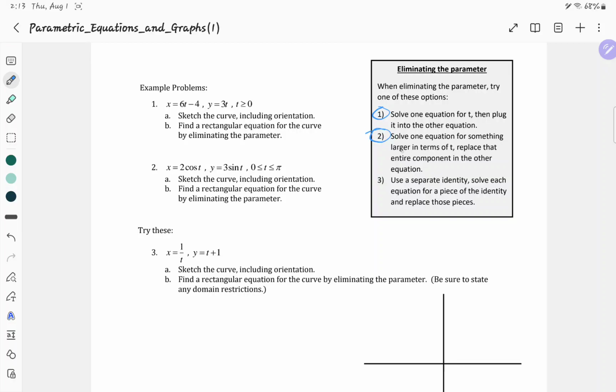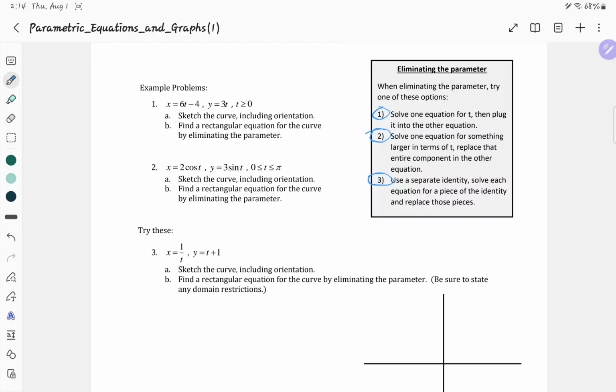So this might be like e to the t or a cosine of t, and that expression is in the other equation as well. So you don't solve all the way down to t. You just solve until there's something that you can replace, and then go ahead and replace it. And then the third one right here is using a separate identity and plugging some pieces back in. So that'll be more like this number 2 that's right there. So we'll go through a couple of those.